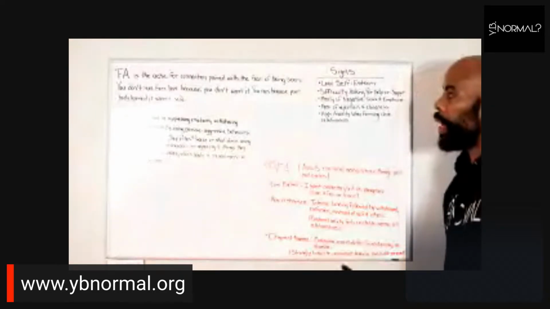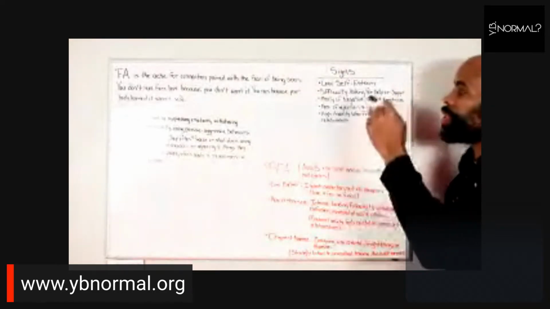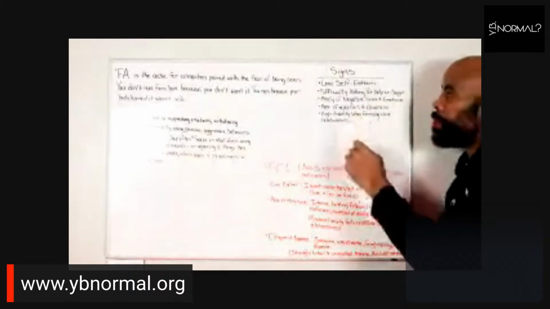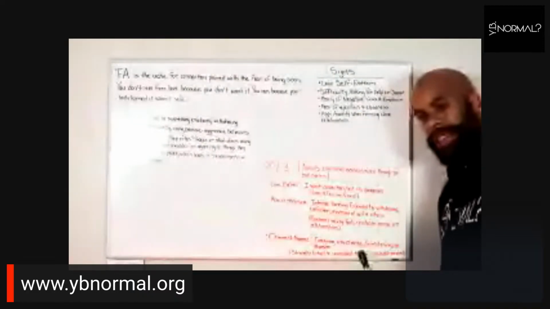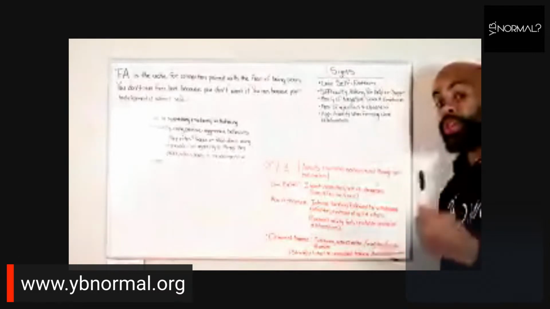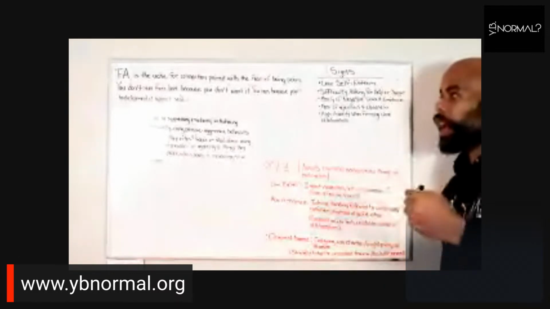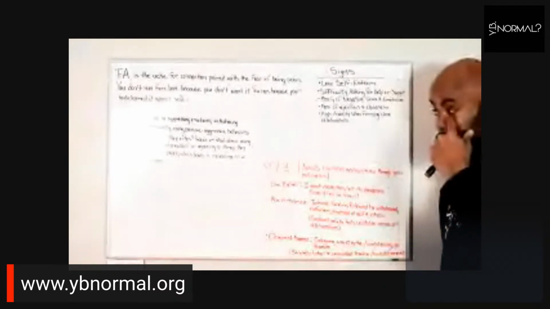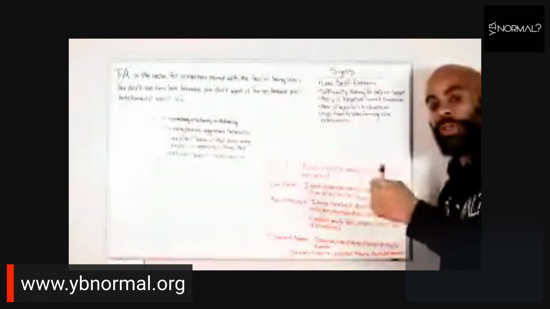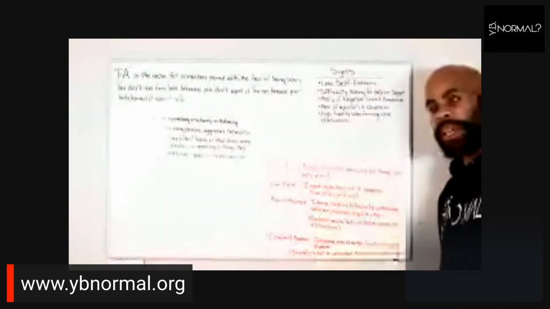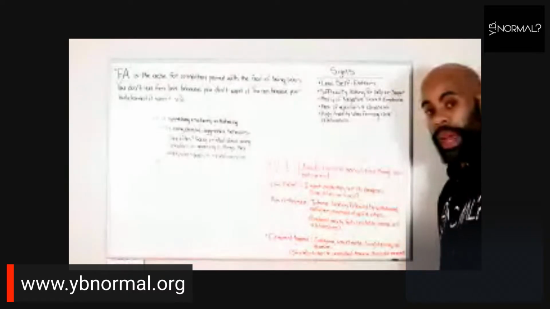And so when it comes to different things like that, these are some of the signs that you will see in people that are FAs or that are disorganized and different things like that. So I want you all to pay attention. And then also what I want you all to understand is that just because you have one of these attachments doesn't mean that something is wrong with you, right?